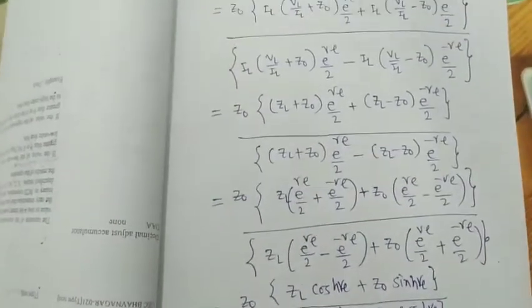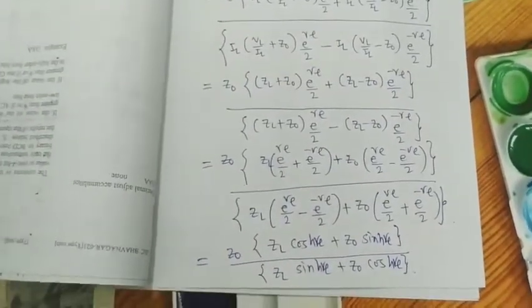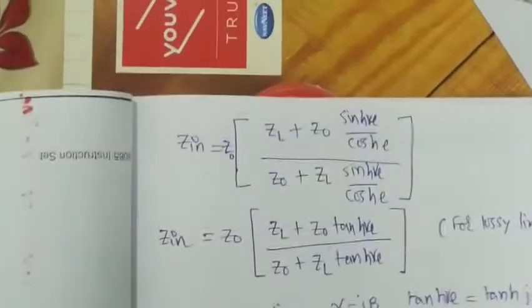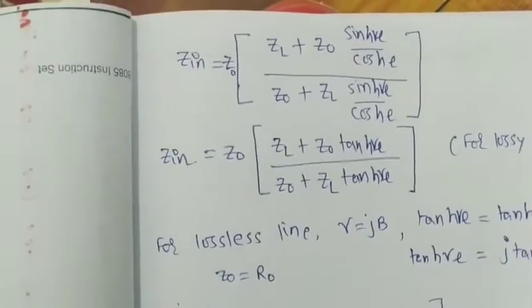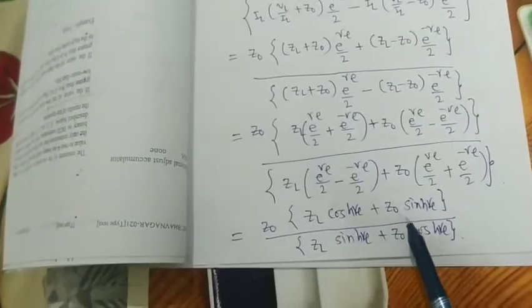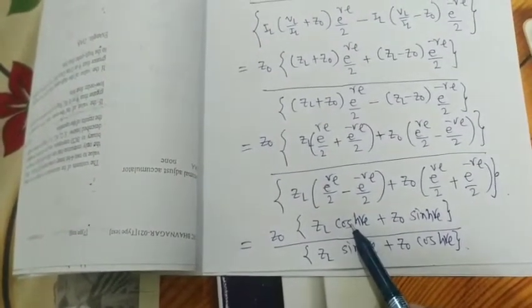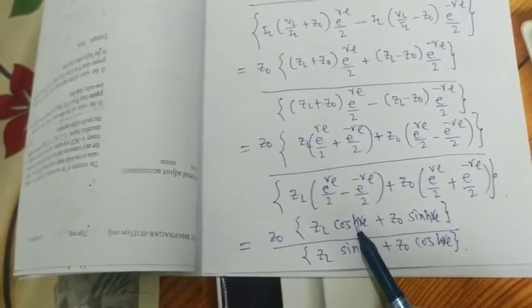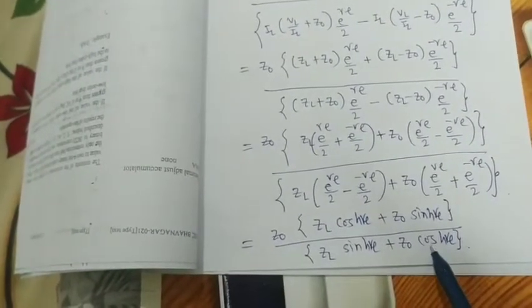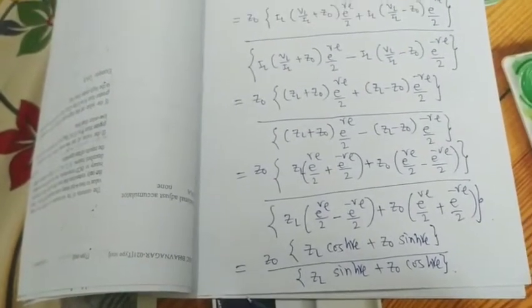Let me once again simplify these expressions so that we will get everything in terms of tanh. For that case, in this expression I have come out with this cosh, here also I come out with this cosh gamma L, so cosh will cancel out.